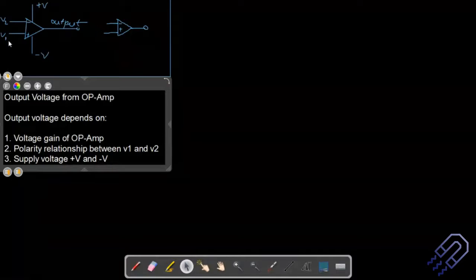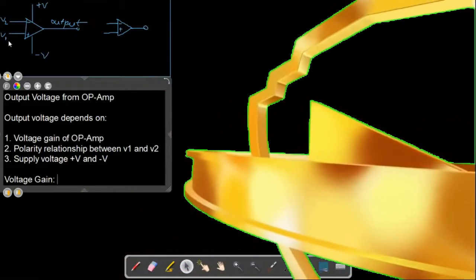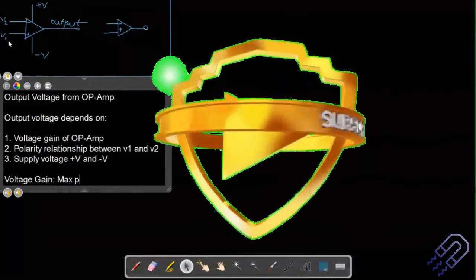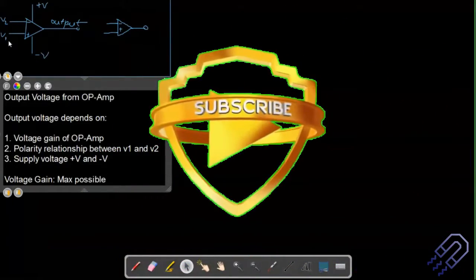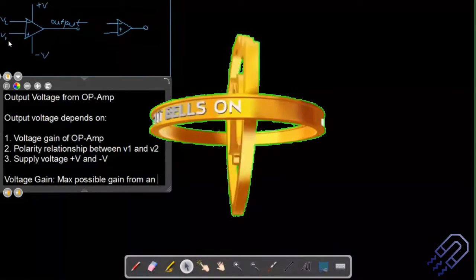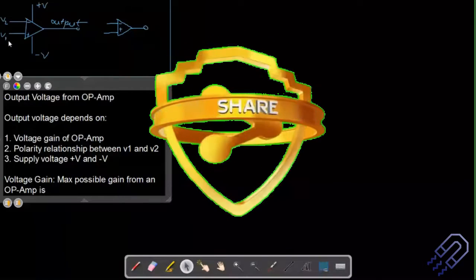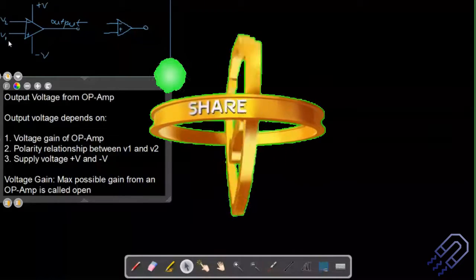Since we are talking about output voltage, we should talk about something we call the voltage gain. How much is the voltage gain of an op-amp? I think this is quite obvious. The maximum possible gain from an op-amp is called the open loop gain.